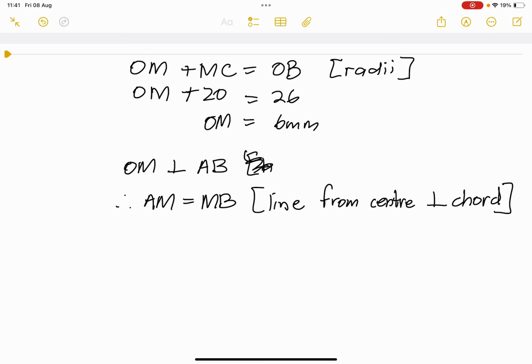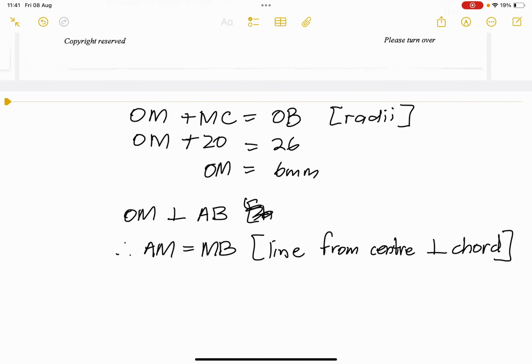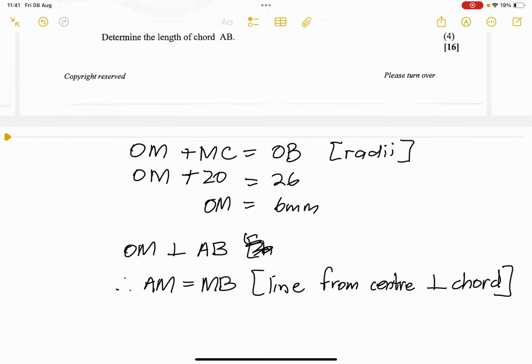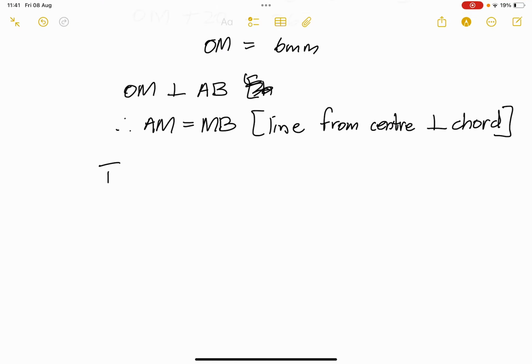So now we're going to say, in triangle OMB, we're going to use the theorem of Pythagoras.